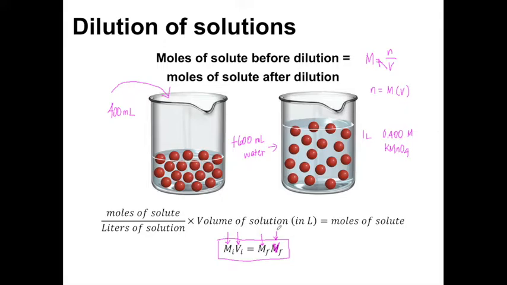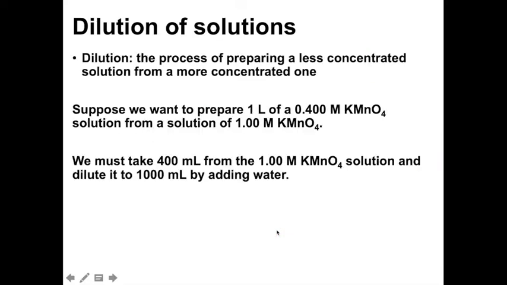So in our previous scenario, our original concentration is 1 molar. Our final or desired concentration is 0.4 molar, and our final volume is 1 liter. So we need to determine how much of the 1 molar solution we should get.